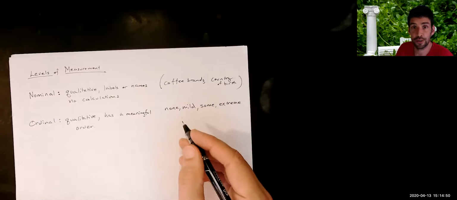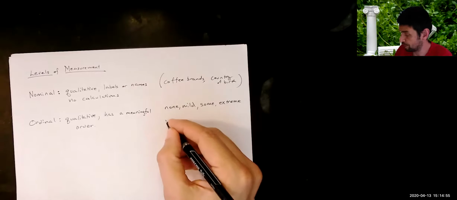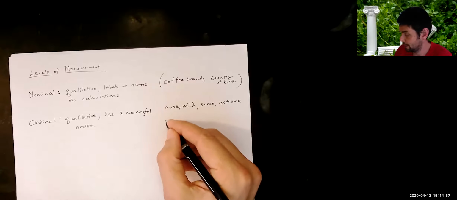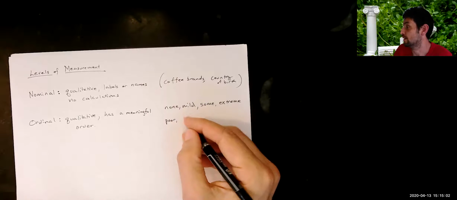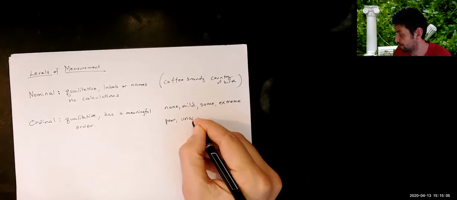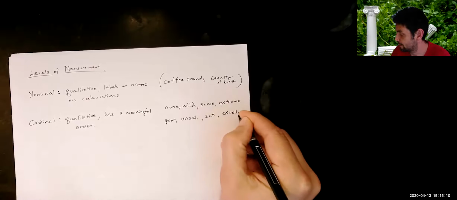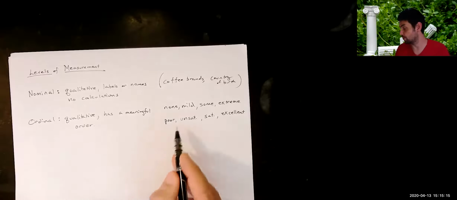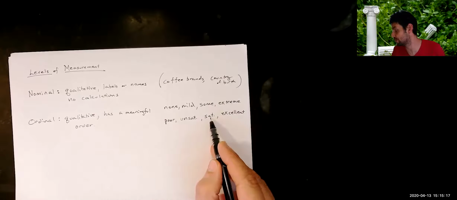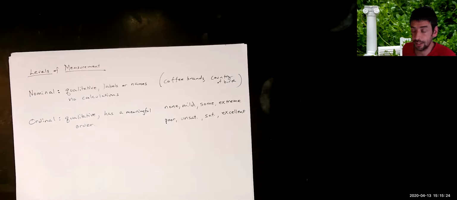Or any classes you've been in where you have to do those course evaluations, you might be asked to rate your instructor's performance, and you might have some kind of rating like poor, I don't know, unsatisfactory, satisfactory, and excellent, right? Something like this, where you're going from the worst to the best, right? So you still can't calculate, I can't take the average of satisfactory plus excellent and divide by 2, but they're at least in order, so we get a little more meaning out of them, okay?